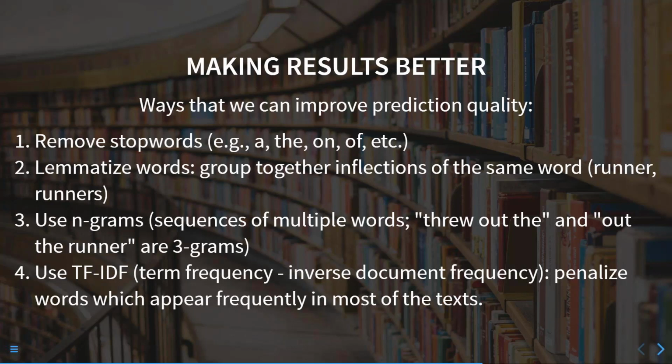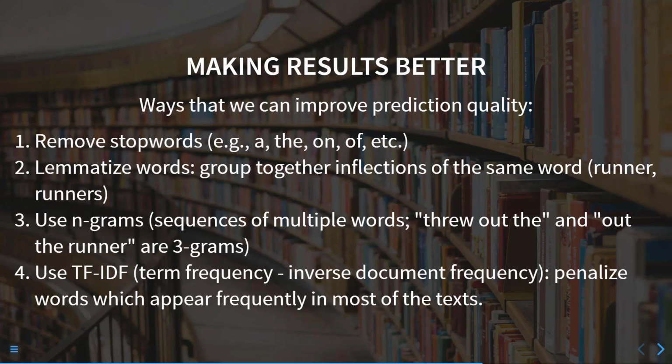We can do something called lemmatizing words. That's where we group together inflections of the same word. That's how we would get runner and runners. We would knock off the both of those and probably just say run and have both of them show up as the same. We can use n-grams. An n-gram is a fancy term for a sequence of n number of words.